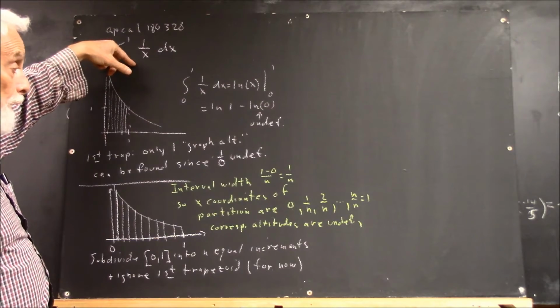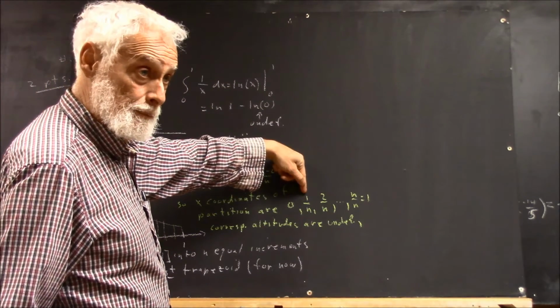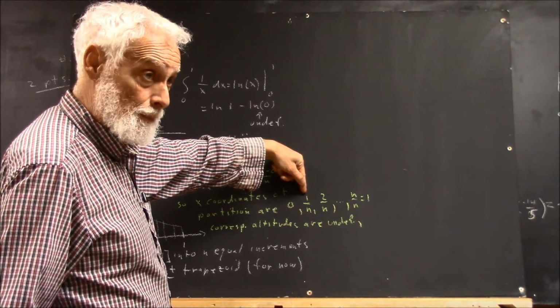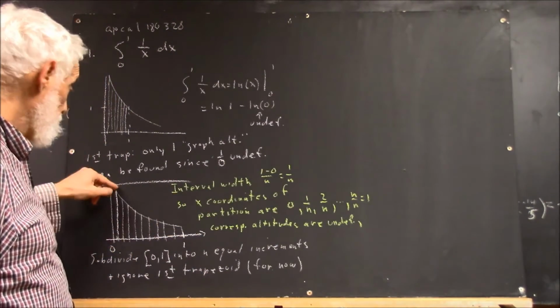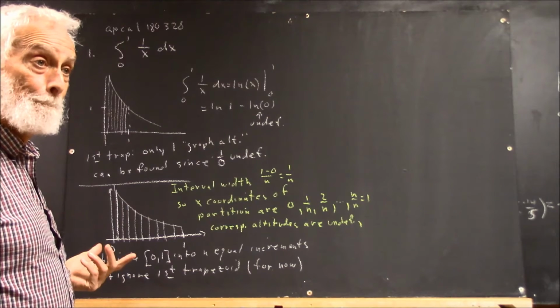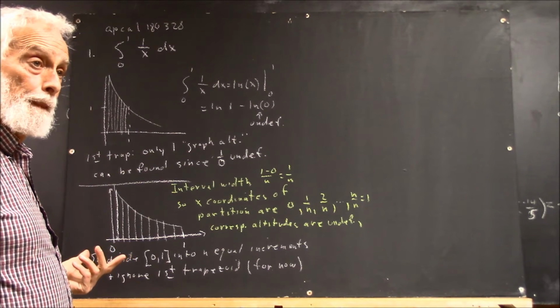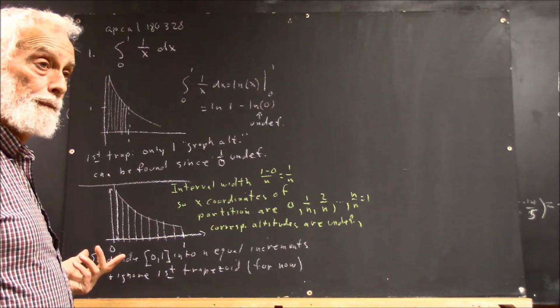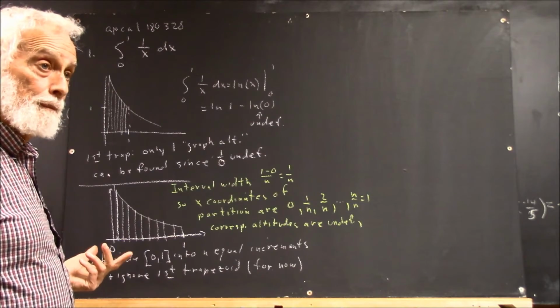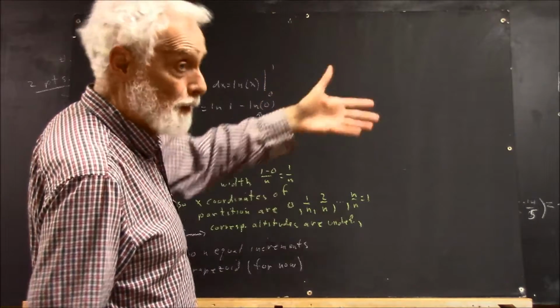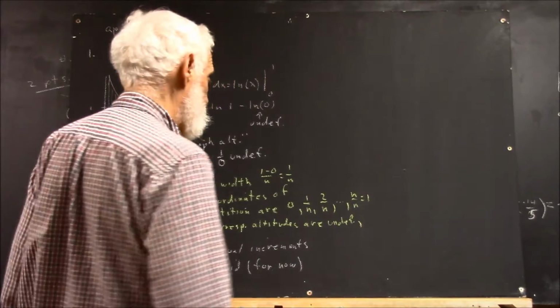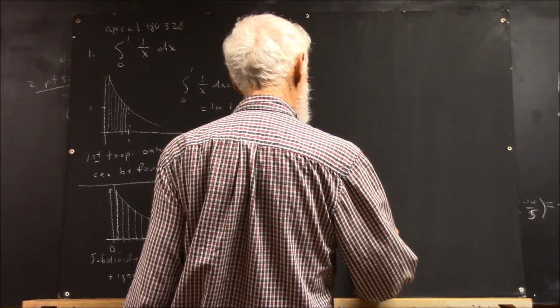So what's the x value? 1 over n. So what's the graph altitude corresponding to x equals 1 over n? Would it just be n? Yeah. It's 1 divided by 1 over n, which is 1 times n over 1, which is n, right? So the first one would be n.